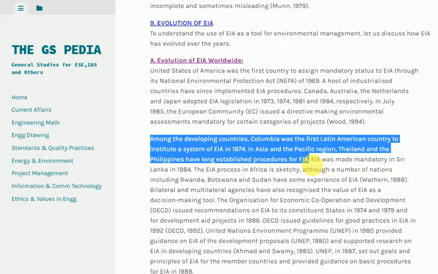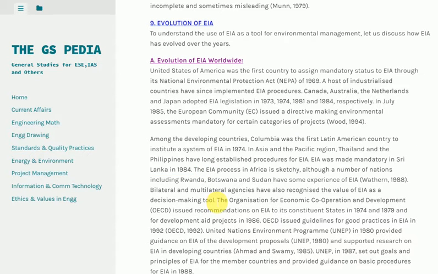The EIA process in Africa is sketchy, although a number of nations, including Rwanda, Botswana and Sudan, have some experience of EIA. Bilateral and multilateral agencies have also recognized the value of EIA as a decision-making tool.